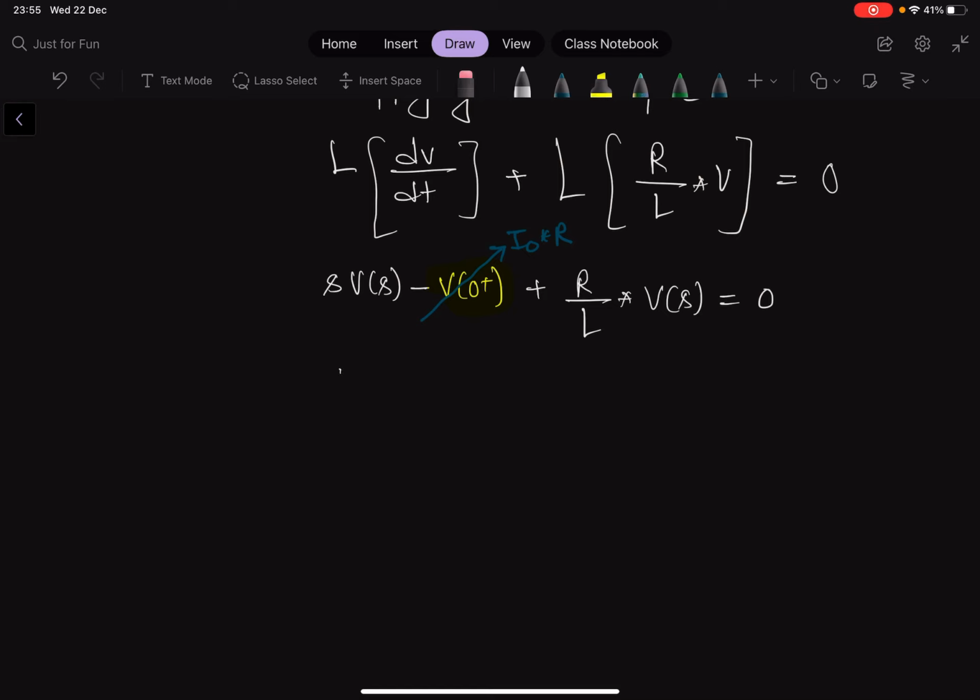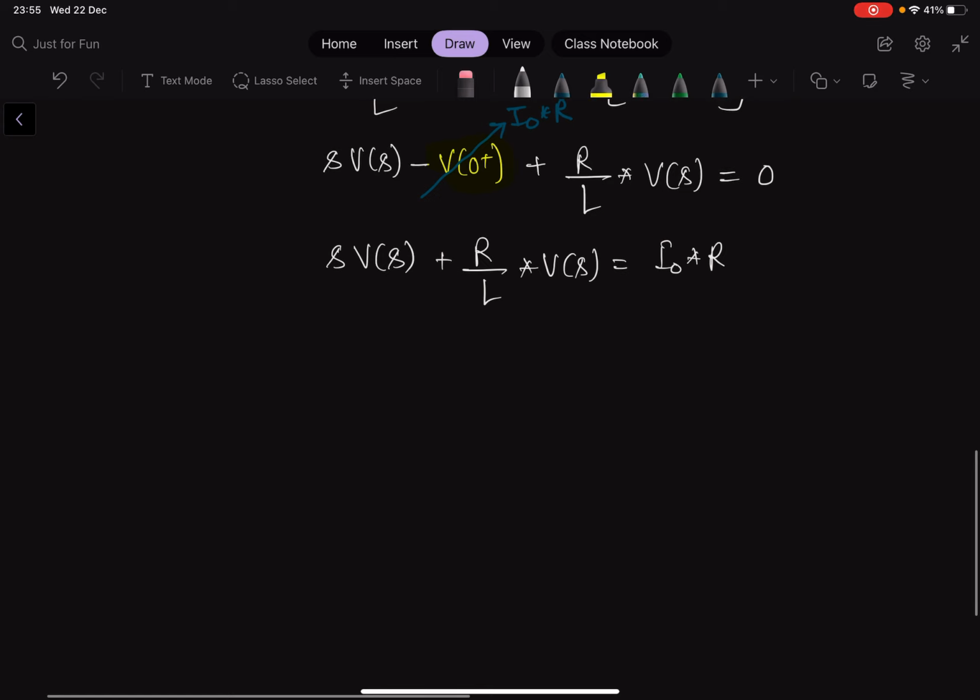So moving on, we can see here is sVs, and we can send I naught R to the other side, and we get R over L times Vs equals I naught times R. And then we can see that this Vs and this Vs are common.